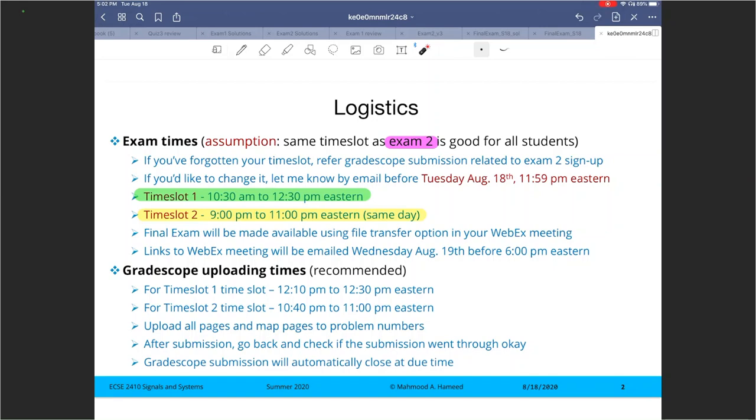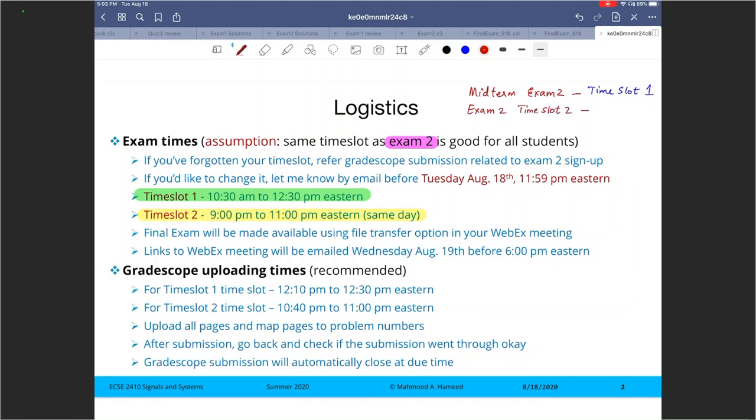And the way you check that is if you log on to Gradescope and take a look at the submission that you made for exam 2, it'll either be midterm exam 2, which was for time slot 1, and then the other one was exam 2 time slot 2.